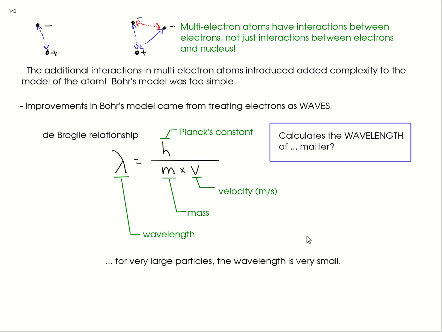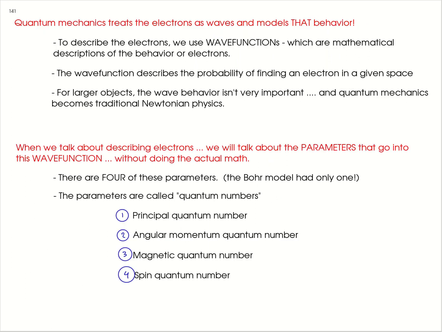So, the new branch of physics that arose from treating things like waves is called quantum mechanics. What quantum mechanics does is it treats electrons and particles like that as waves, and it models that wave behavior. To describe the behavior of the electrons, they use wave functions, which are essentially complicated equations.